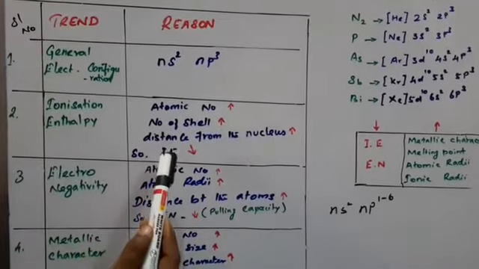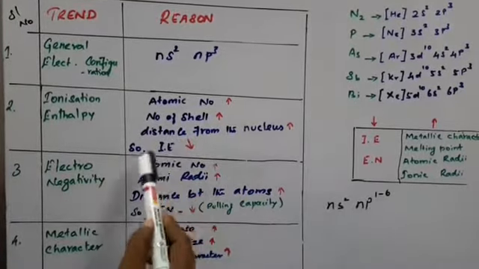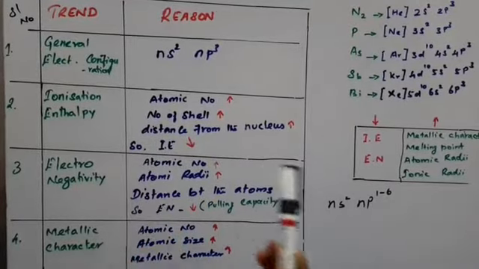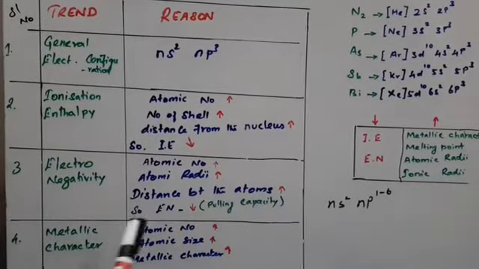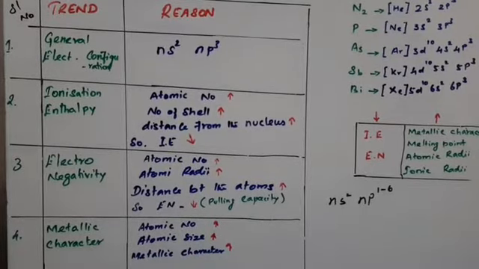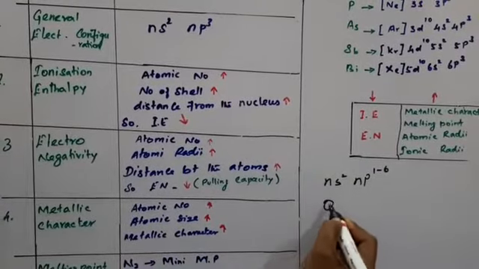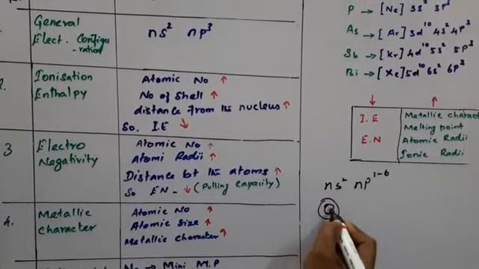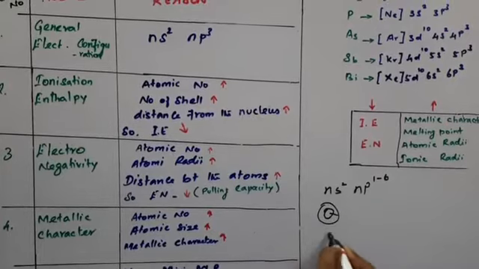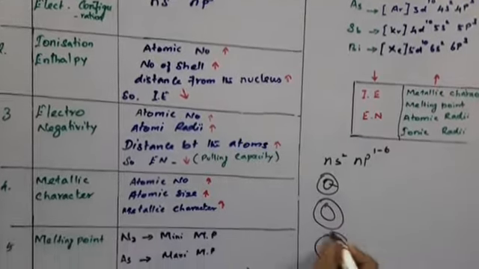Atomic number increases, the number of shells also increases, and the distance between the nucleus and the outermost electron also increases, so ionization enthalpy decreases. Down the group, the size keeps getting bigger.